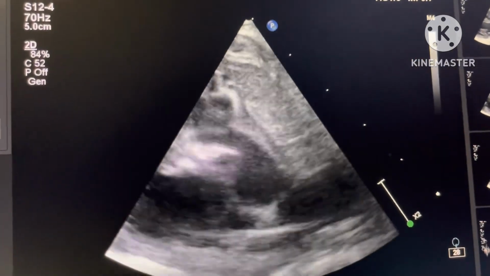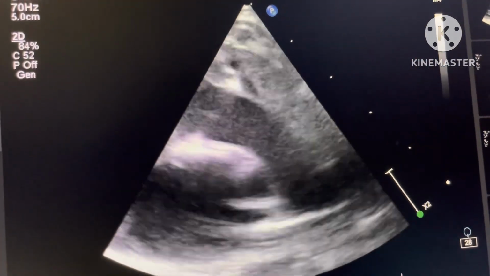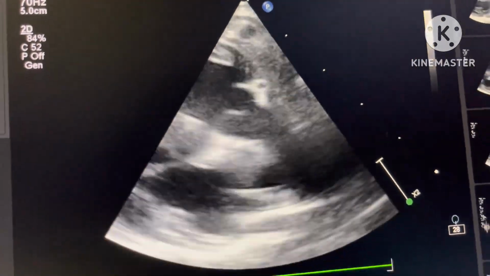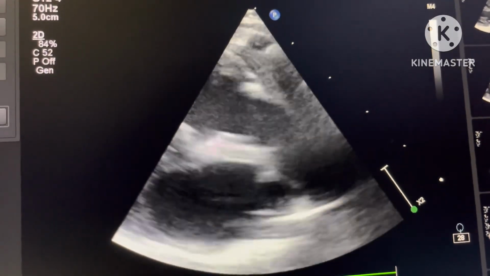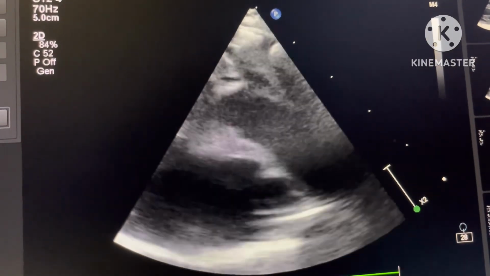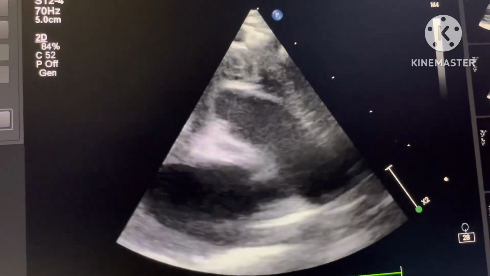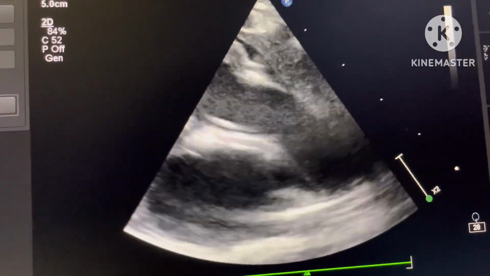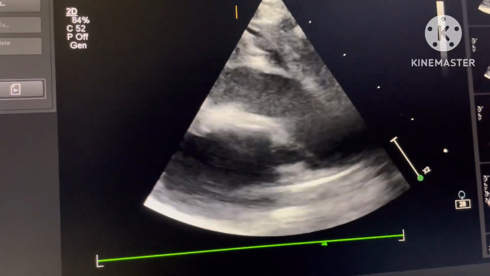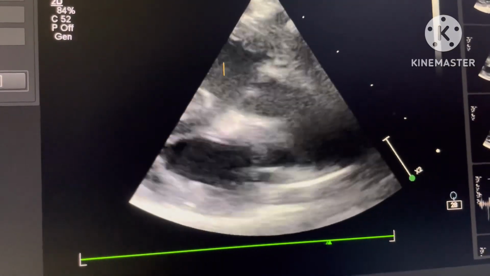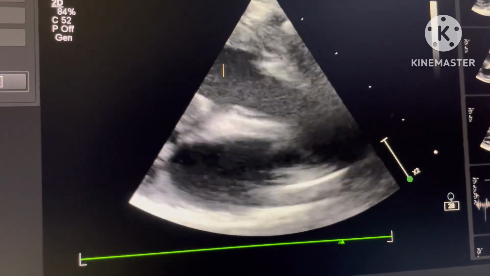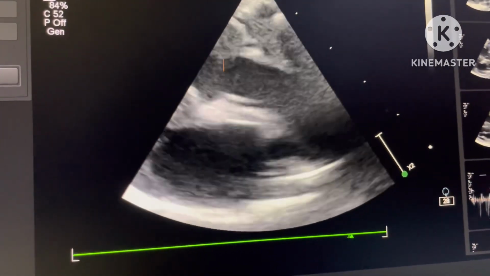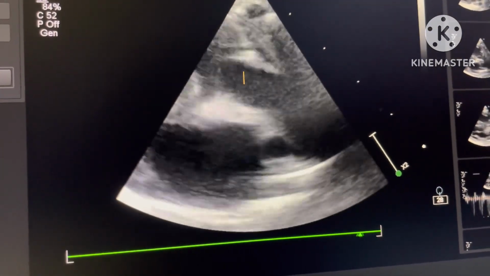You see this image, like a moving image. Pulmonary artery, aorta, pulmonary artery, aorta. So in this way, you can understand. This is RV, then it is aorta.